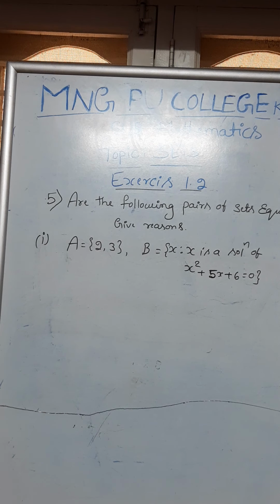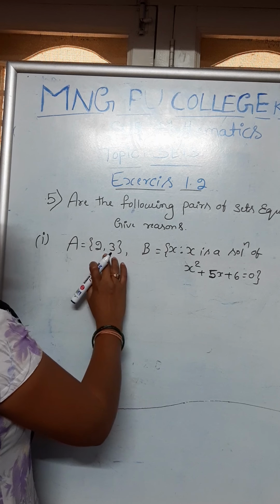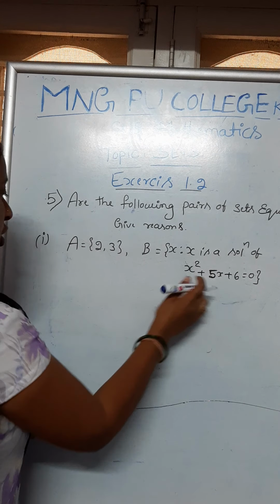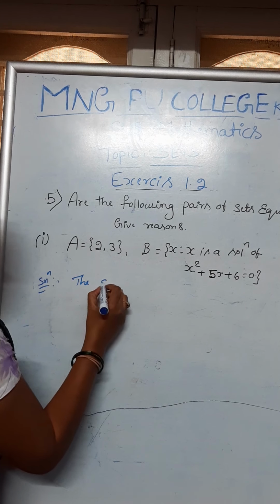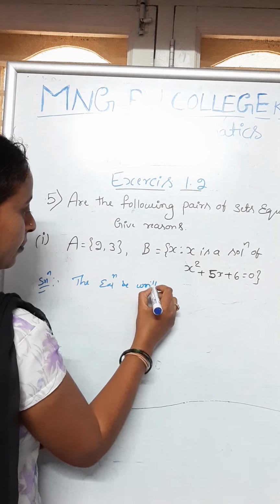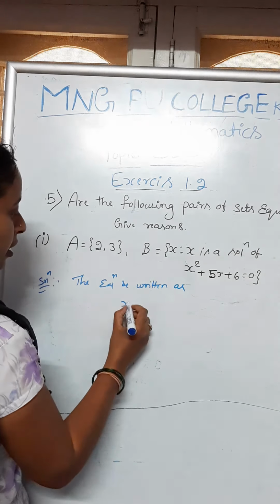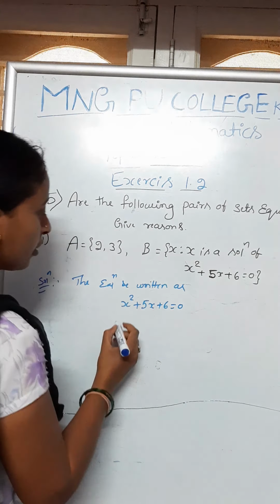Here set A is given. We should convert set B also to element form by using this equation. First solve that equation. The equation can be written as x square plus 5x plus 6 equal to 0.